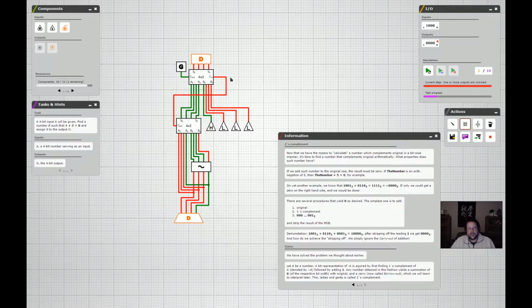Why did we get... What should we have gotten on the outputs? I thought we were supposed to get 0 on the outputs. What am I missing here? Isn't that what we're supposed to be getting? Are we supposed to be knotting it later?